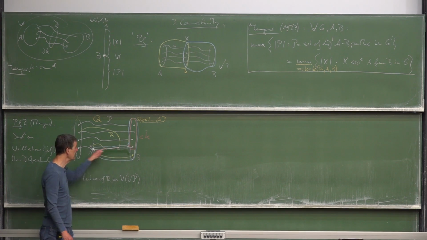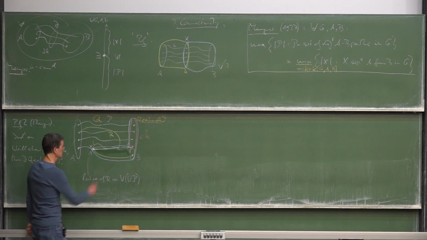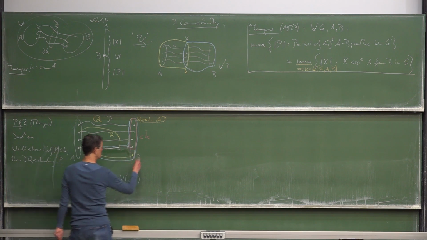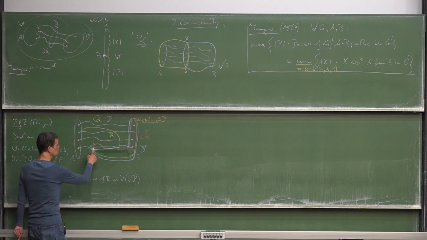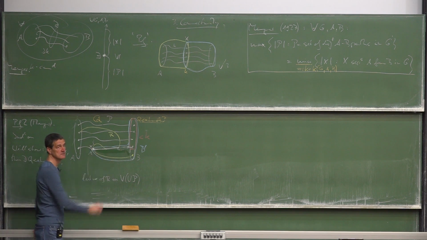And there's at least one edge, so X isn't already in B, as I pointed out earlier. So we'll include this entire path here in B to form B prime, and we'll also include this last little bit of R after X.